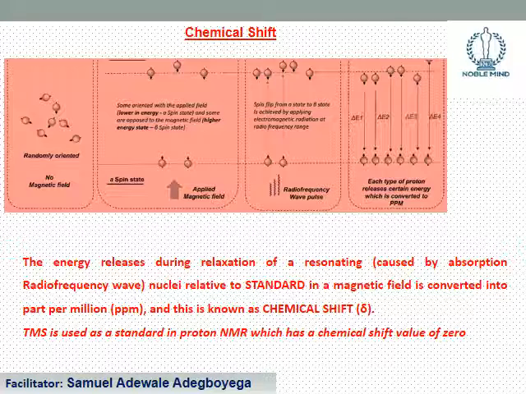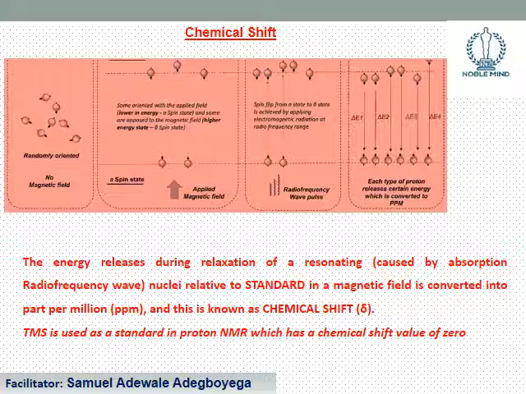When they are placed in radio frequency waves, you see them resonating at a frequency equal to the applied frequency, and you know that when a molecule absorbs a photon of a particular frequency and goes to excitation, it relaxes. It does not remain in excitation. So each proton, when it relaxes, releases certain energy.